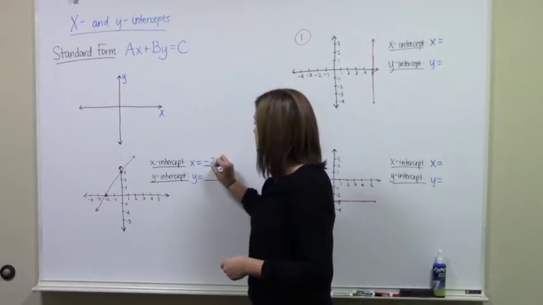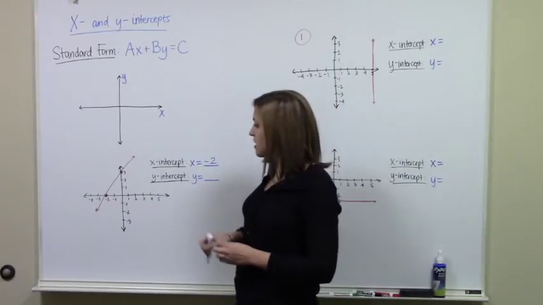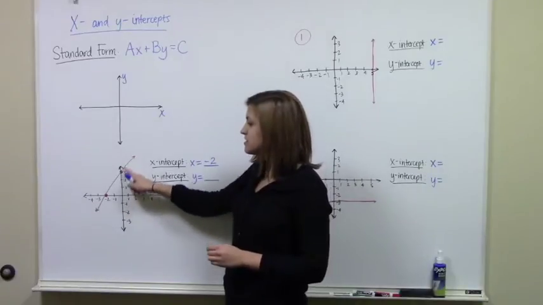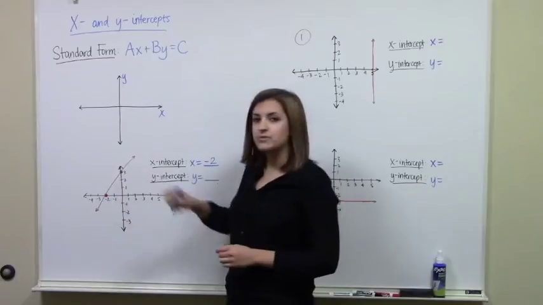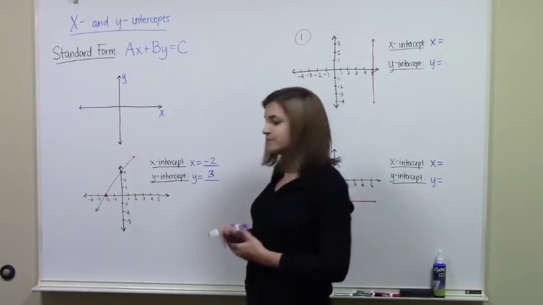So our x-intercept is x equals negative 2, and our y-intercept is where x equals 0. So x equals 0 all along this line, and our line passes through at y equals 3. So our y-intercept is y equals 3.